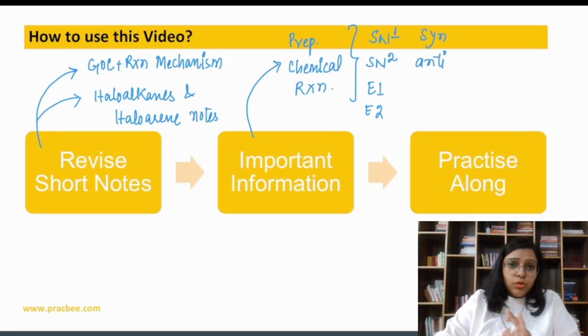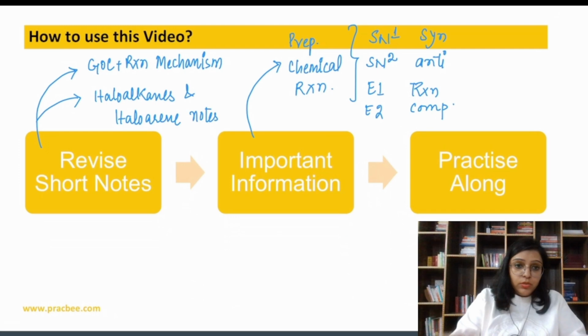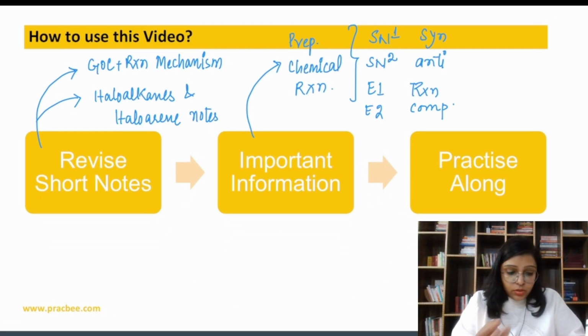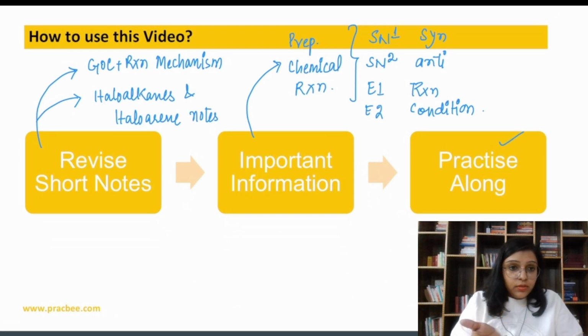So you should know all these things with respect to all chemical reactions. What are the temperature conditions, or we can say reaction conditions, that you need to mention when you write down your short notes. Reaction conditions.